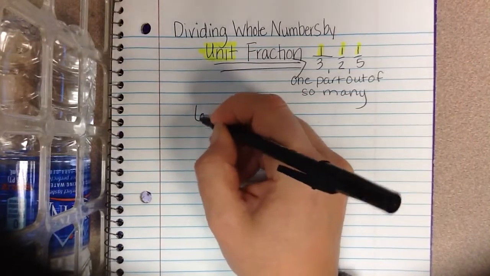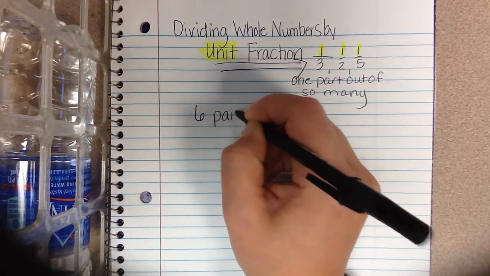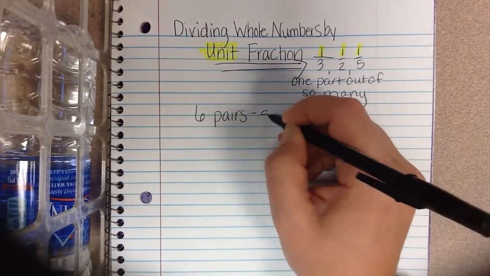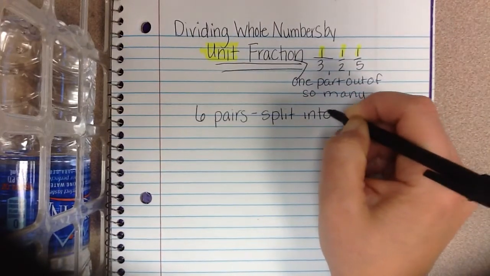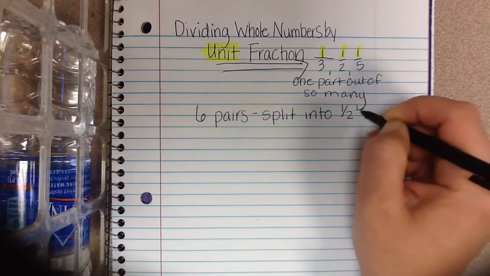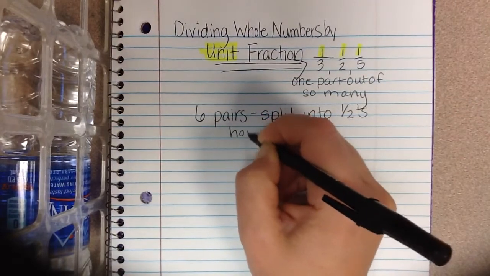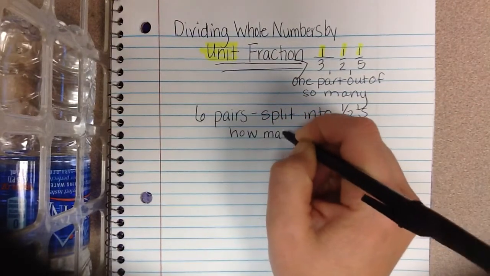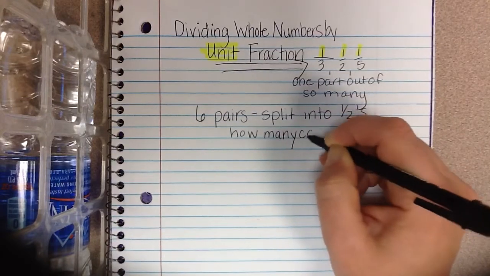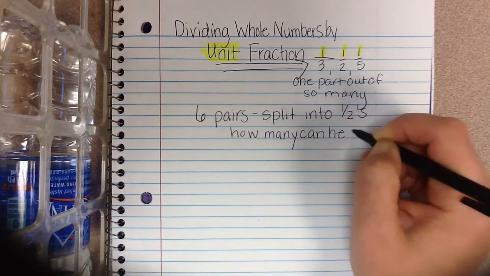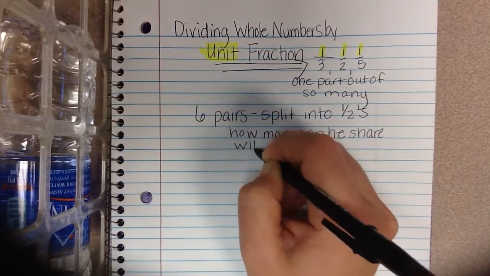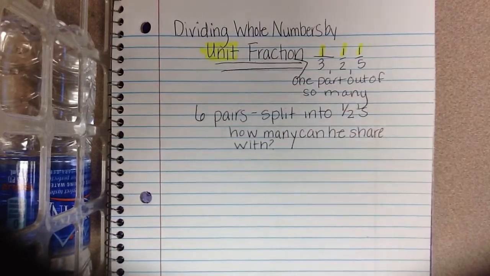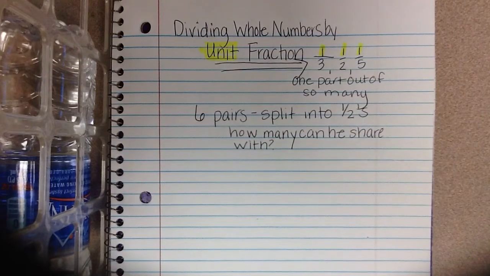So I have 6 pears split into halves. How many can he share with? So in 5th grade, we are trying really hard to understand what it means to divide fractions and what our answer should look like.